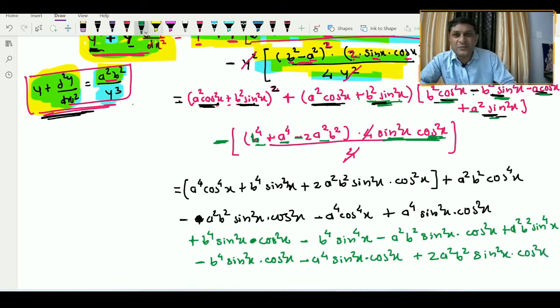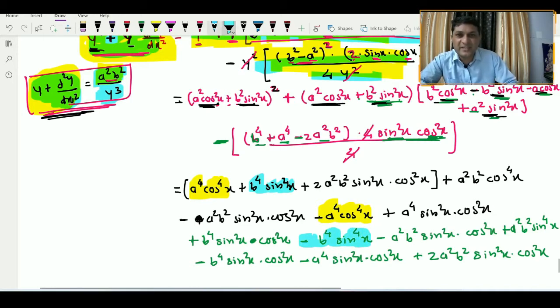Now check which terms will get cancelled. Okay, so here a raised to power 4 cos x raised to power 4 and minus a raised to power 4 cos x raised to power 4 will get cancelled. Now again b raised to power 4 sin square x plus b raised to power 4 sin square x and minus b raised to power 4 sin square x will get cancelled.